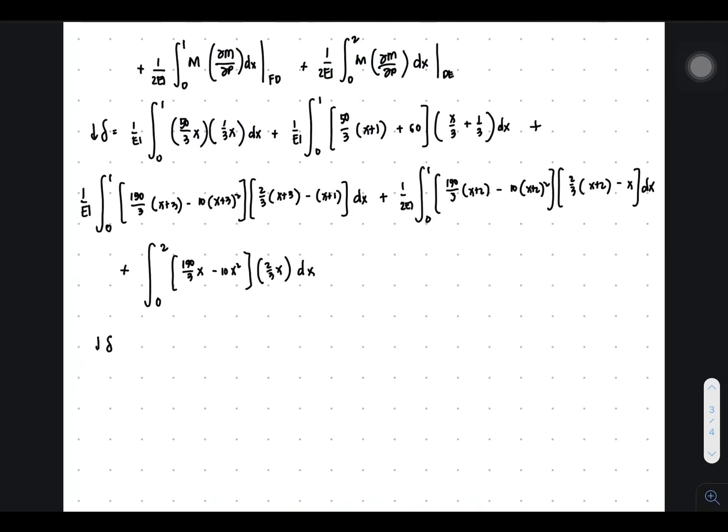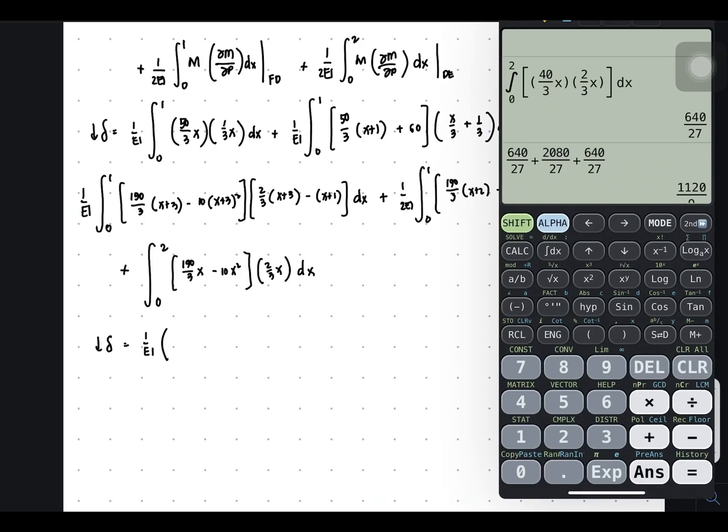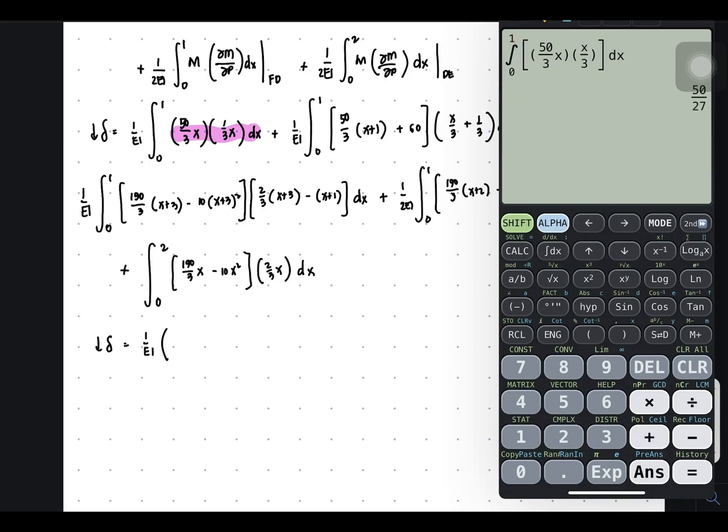So for the integral, downward, it's 1 over EI for this one. Let's start. For the segment here, it's 50 over 3 x times x over 3 or 1/3 times x, and the limit is from 0 to 1.